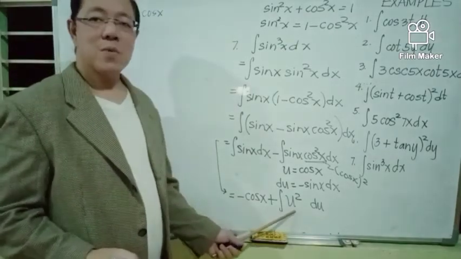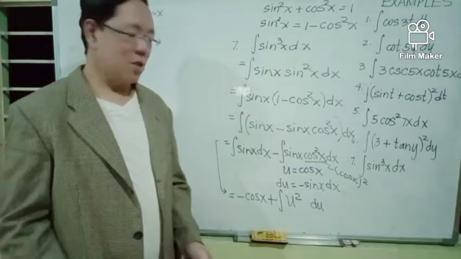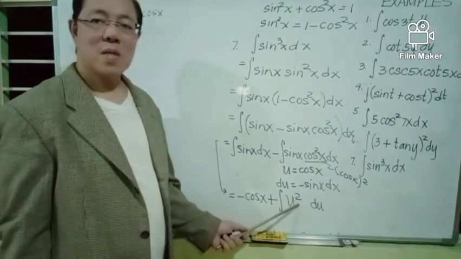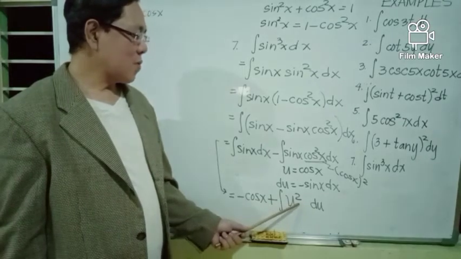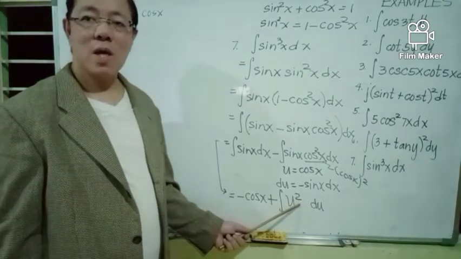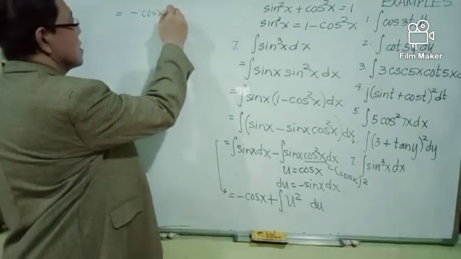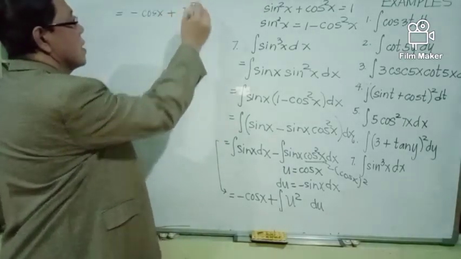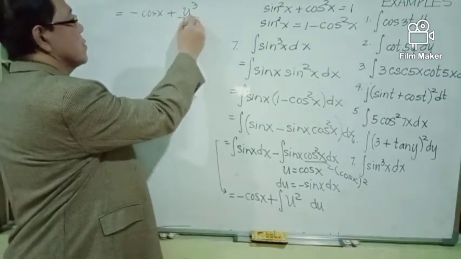For the integral of u squared with respect to u, we apply the power rule for integration, where the exponent n is 2. When we integrate u squared with respect to u, we add 1 to the exponent 2. 2 plus 1 is 3. We get u cubed, and the sum is also used as the divisor.